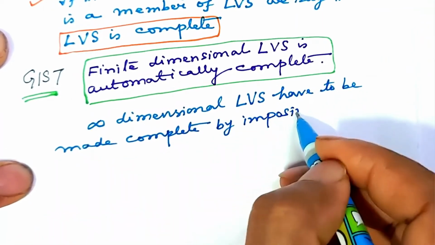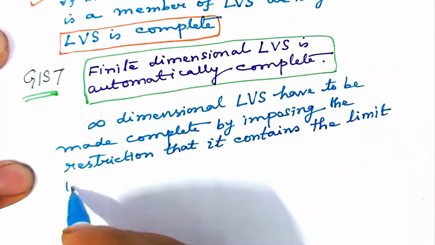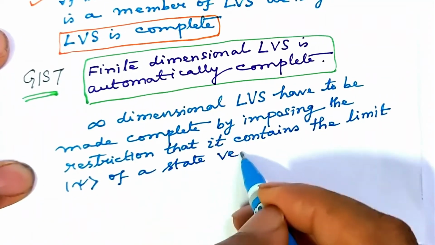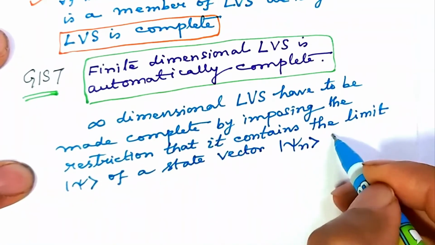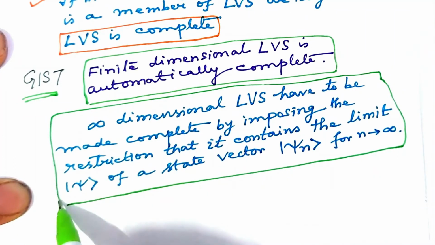This is done by imposing the restriction that it also contains the limit, say ket psi, of any state vector like ket psi n for n tending to infinity. So everything is made to fall within the region, the linear vector space, where we would work. Here, in an infinite dimensional linear vector space, we have to ensure it. Things are not automatic in general as in a finite dimensional linear vector space.